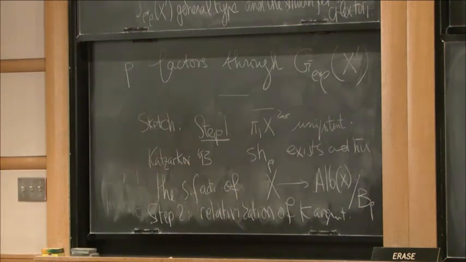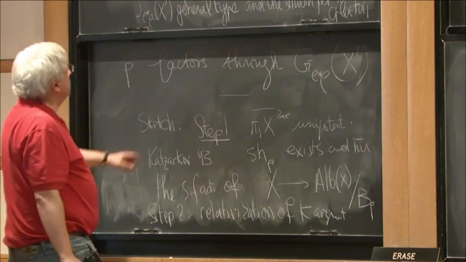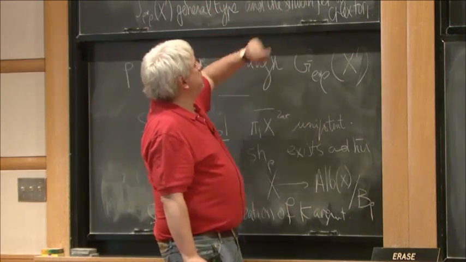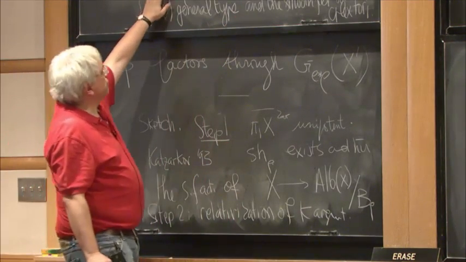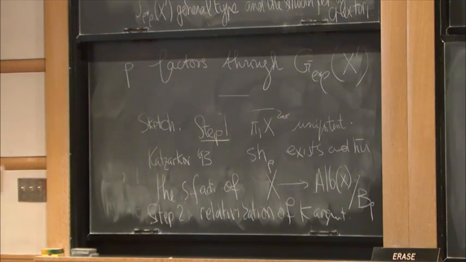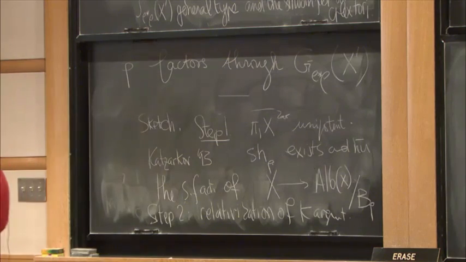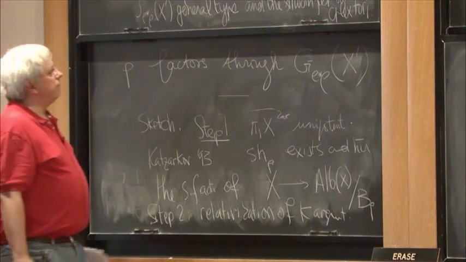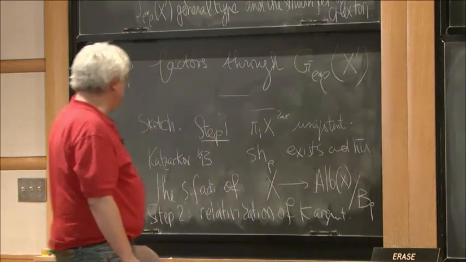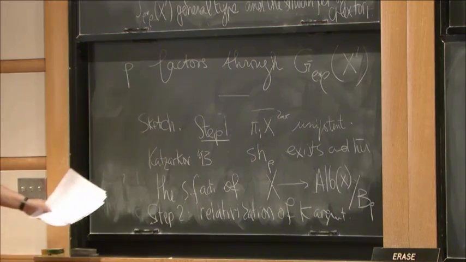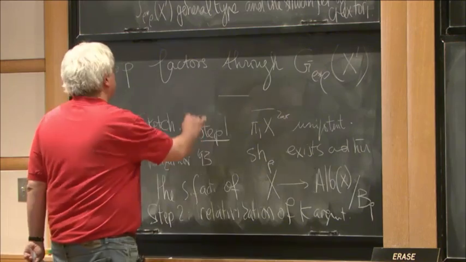This relativization of Katsarkov argument will give us the fact that the Itaka fibration of the Shafarevich variety is a fibration whose general fiber is a complex torus. Okay, so that's essentially step 2, and step 3 is the smoothness.